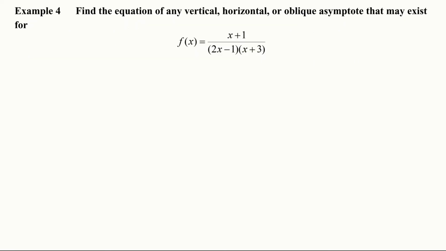All right, next we want to find the equation of any vertical, horizontal, or oblique asymptotes that may exist for this function. So vertical ones are the easiest one to deal with, so we'll go ahead and start with that. We'll set the denominator function equal to 0.